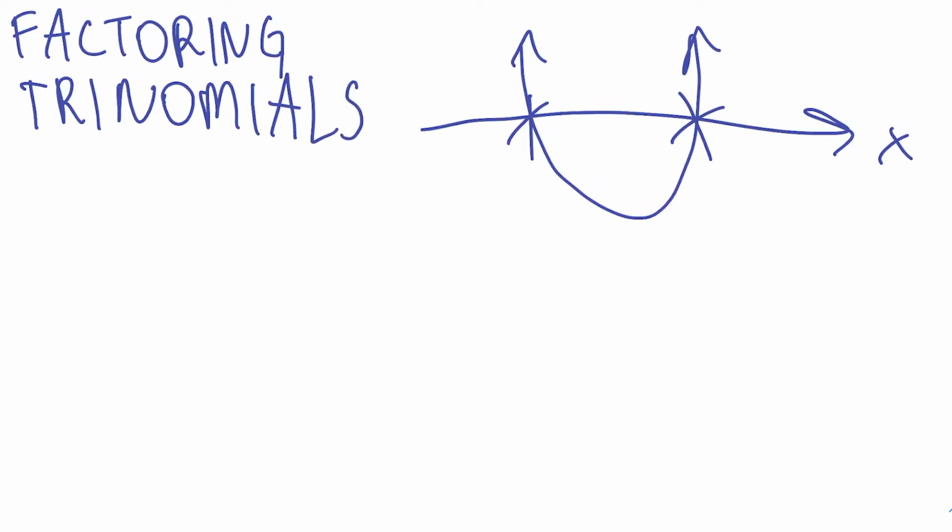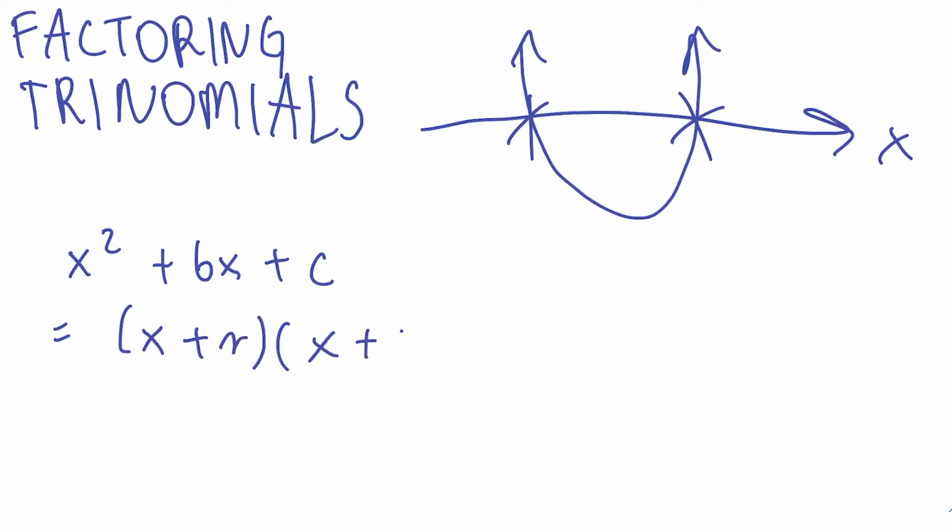So let's say we have a trinomial that's called x squared plus bx plus c. So what that factors out to would be x plus r times x plus s. We would have x squared plus r plus s in the middle times x plus r times s.